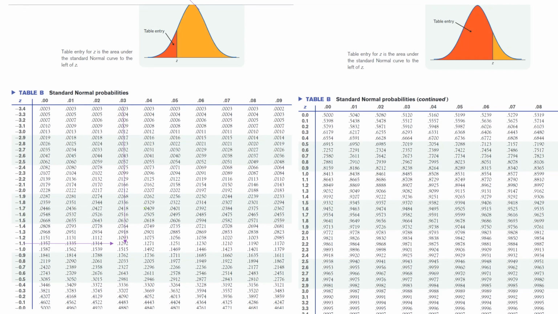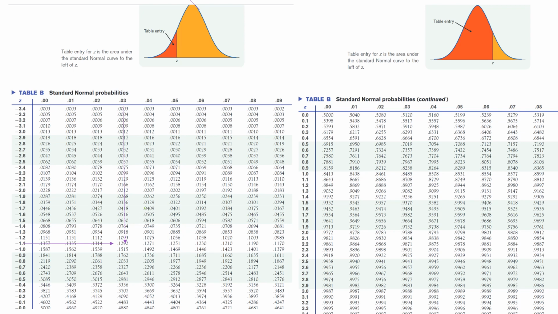Let's take this table. In the first page, we have all negative values, and in the second part, we have all positive values of the z-score. Now, when we are interested in finding negative 1.13, search for negative 1.1, and on the other side vertically it is 0.03.